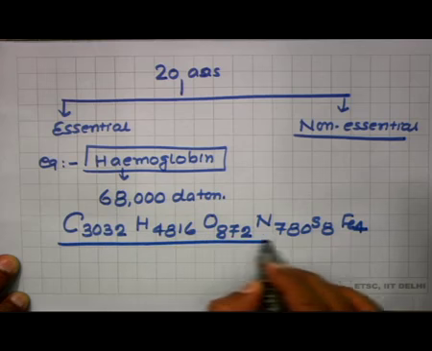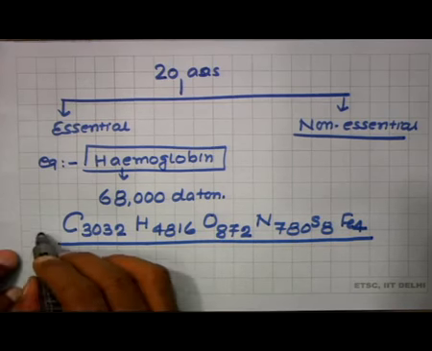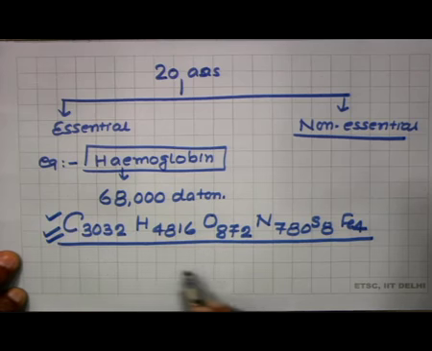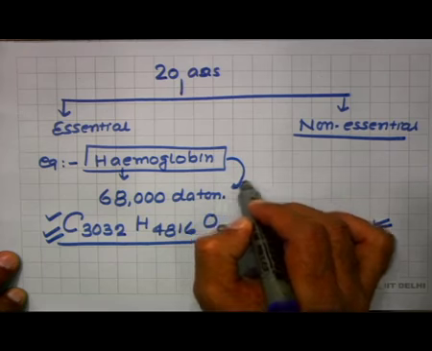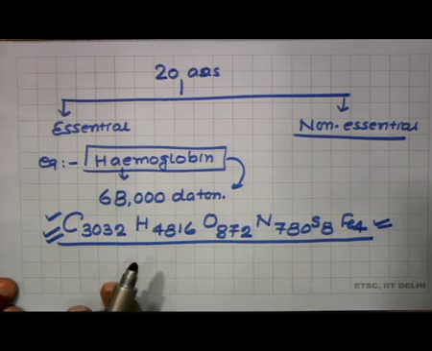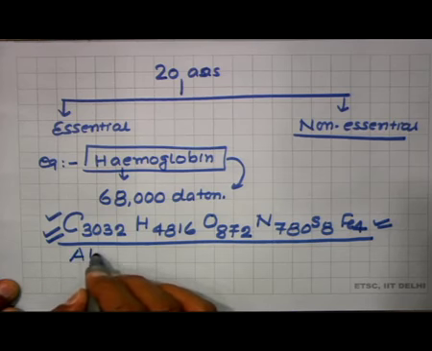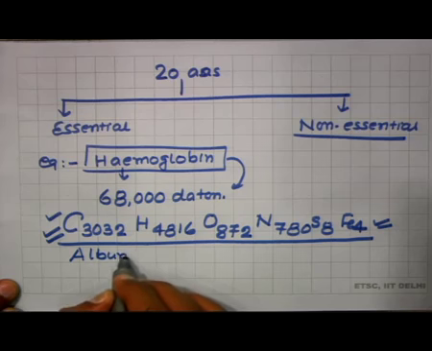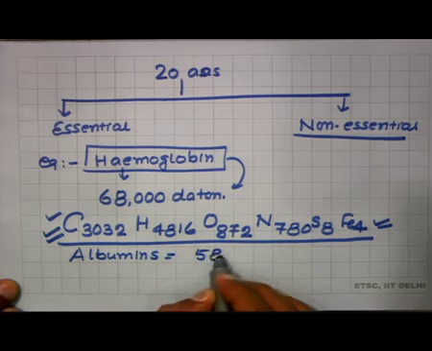So, this is the molecular formula of hemoglobin, and its molecular weight is about 68,000. Besides this, there are large numbers of amino acids in proteins like albumin, which is made by 582 amino acids.